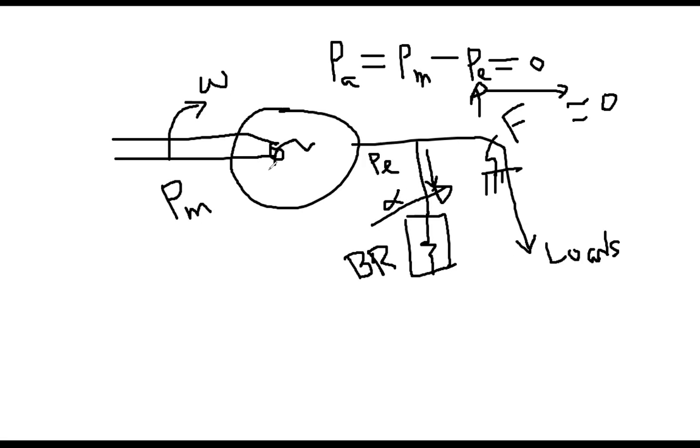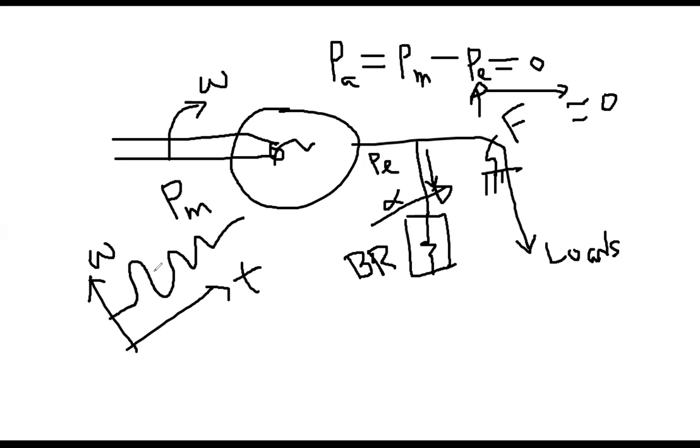So each time, we are assuming that initially it has a constant value, but then the generator speed gets disturbed. It will start spinning faster, right? That is the response of the speed. If you look at the speed profile over time, it will go high and then oscillate until it is fixed.